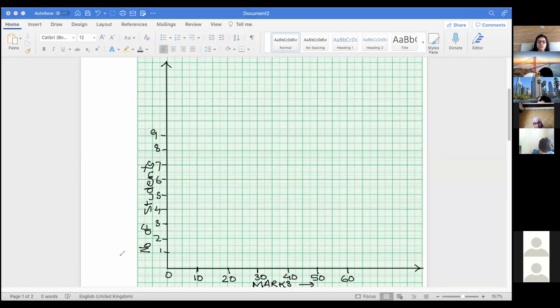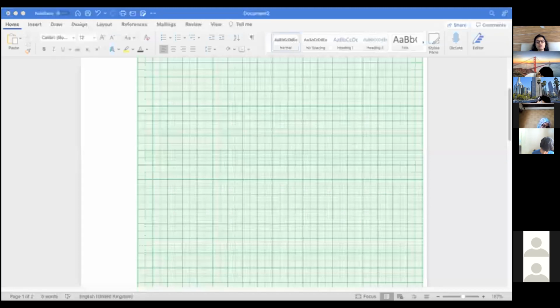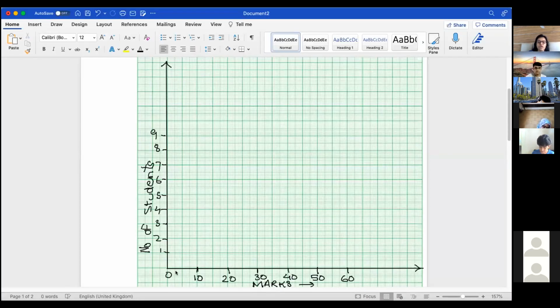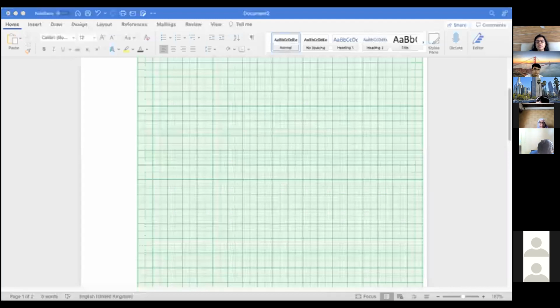Now here we have a group from 0 to 10. So 0 to 10 frequency is 5. Here I cannot leave space. So 0 to 10 is 5. Next is 10 to 20, which is 8.